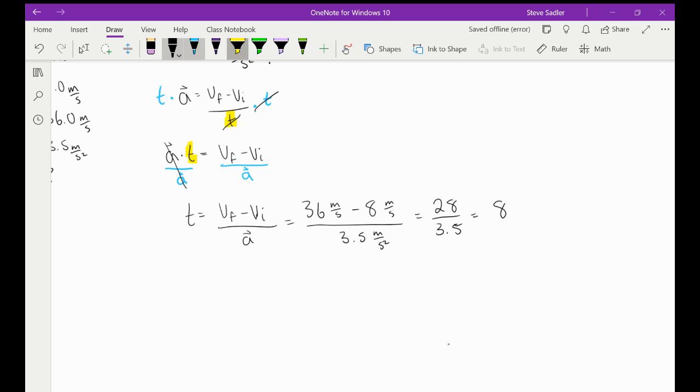And our units, we know time, so if we have seconds everywhere, our time should be seconds. We can do unit analysis if we want. Meters, meters, meters all cancel, and then one of the seconds cancels. So what we're left with is just seconds. So 8 seconds. That's how long it will take. We can finish this off by saying t is equal to 8 seconds.